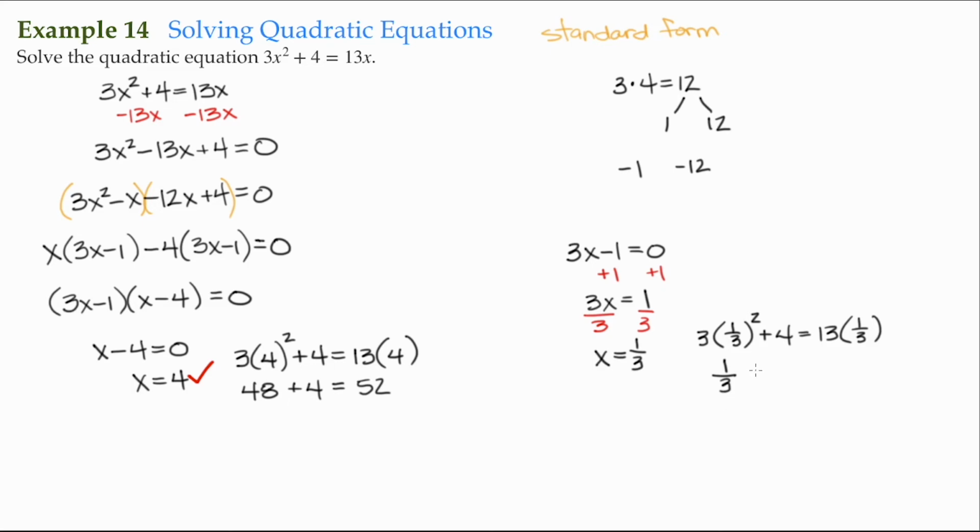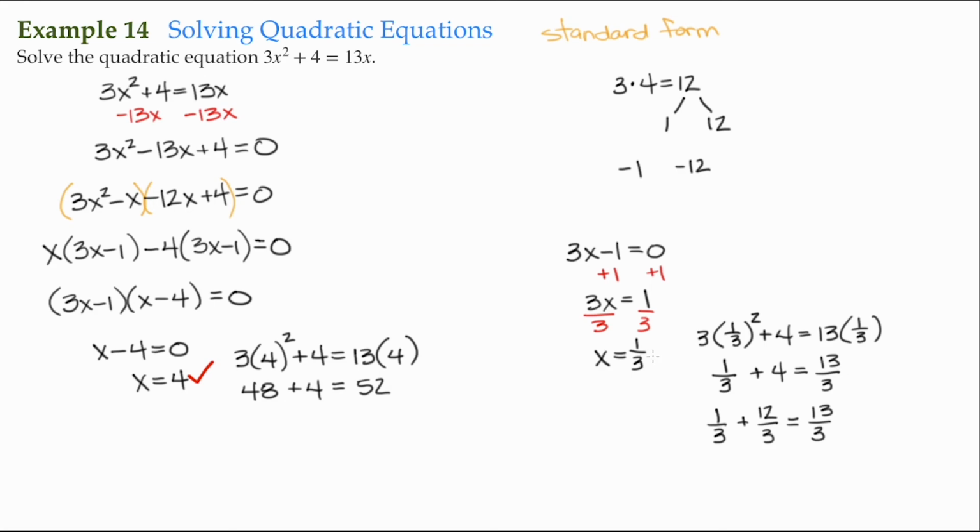So we have 1/3 plus 4. Does that equal 13 times 1/3? That's 13/3. 1/3 plus 12/3. I think everybody will agree that 12/3 is 4, and we write it as a fraction because we want to add them together. And 1/3 plus 12/3 is 13/3.